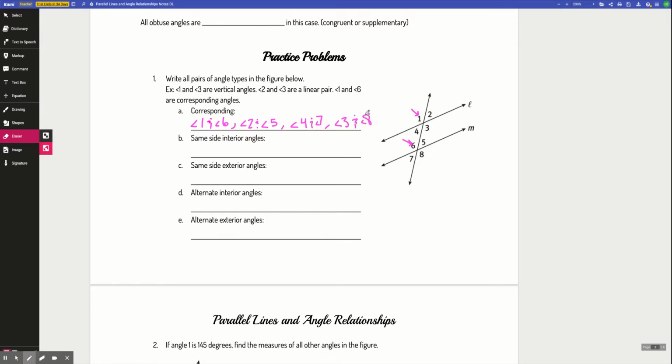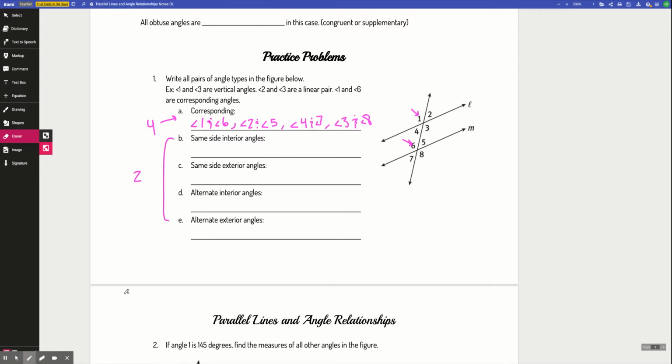In any set where you have two parallel lines cut by a transversal, so you have two of these groups of four, there's always going to be 4 pairs of corresponding angles, and then there will always be 2 of all these other ones.